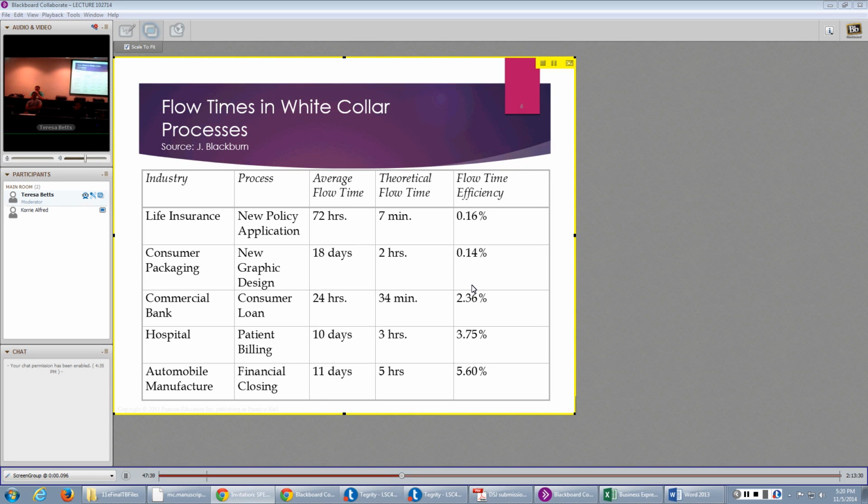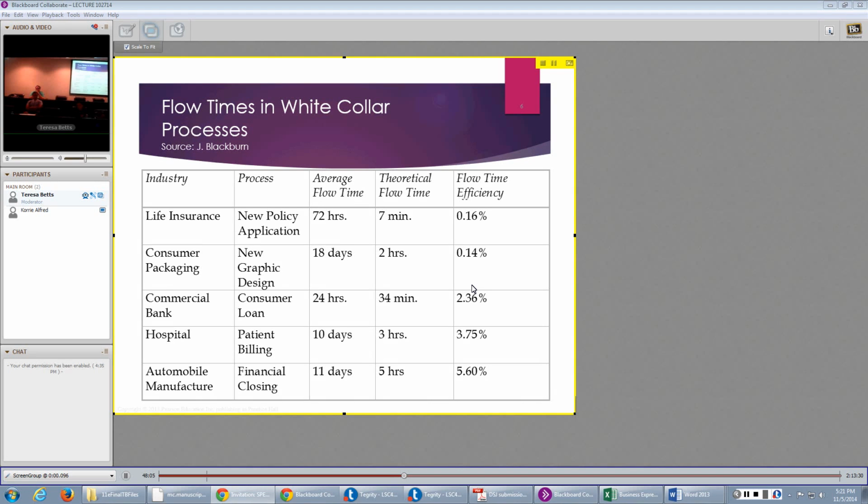Like 1/6%. Okay? Consumer packaging for new graphic design. The time that a request enters the process until it exits the process is 18 days. Okay? The actual time that is value added is 2 hours. So you're talking about 0.14%. And you can see how things come in and we put them someplace and wait until we have time to get to them, right? That's what we're talking about here.